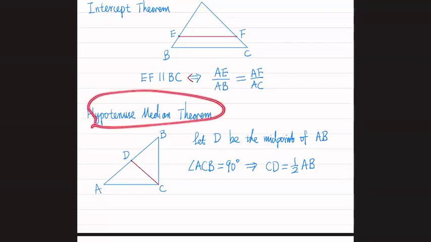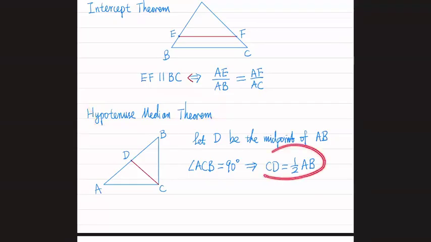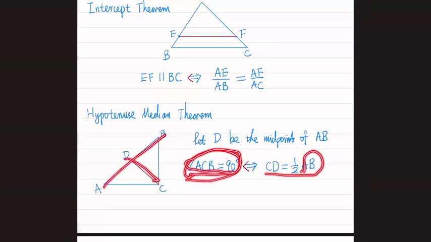Then we can verify it also goes the other way. Previously, this is a sufficient condition for this to be half of AB. Now this is also a necessary condition for CD to be half of AB.